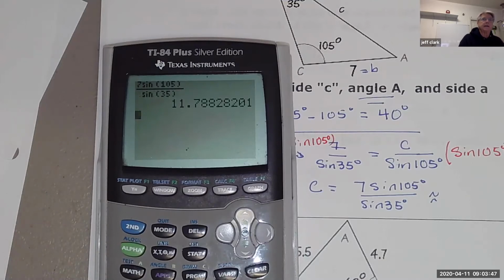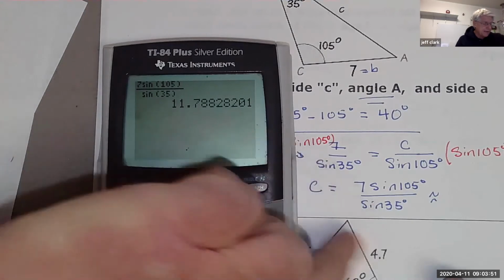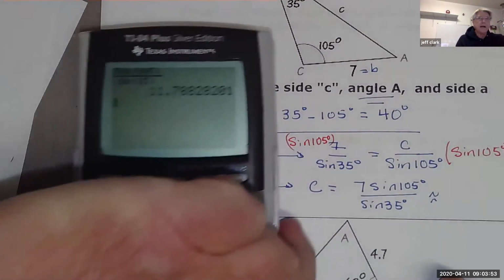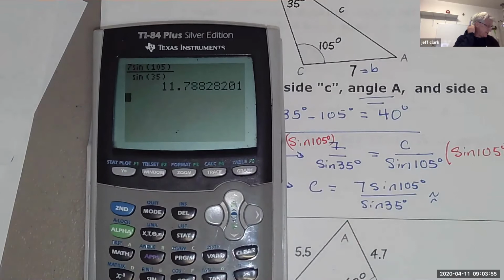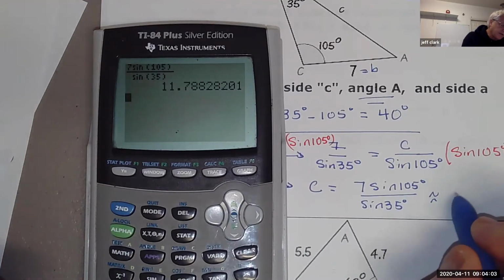And I'm getting, okay, rounding to wherever they asked me to. I don't think that they've asked me to do it here. So let's round to the nearest side, I should say. This isn't an angle, the nearest unit of measurement. So it's around 12.